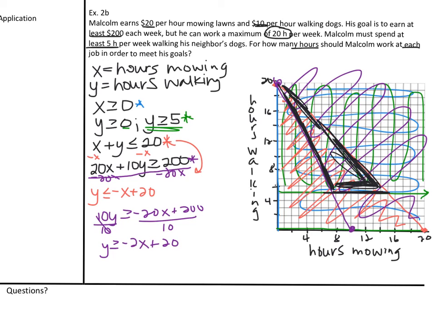So in this shaded solution, it's just fun to color. In this shaded solution should be the amount of time that Malcolm can spend at each of his jobs. So it says for how many hours. So we actually have more than one example. Our final solution, there are multiple options or multiple solutions.